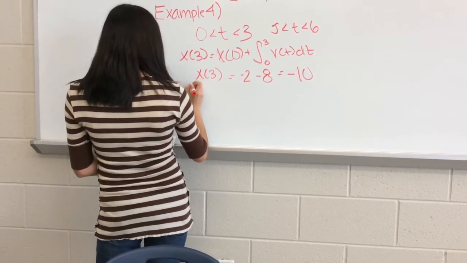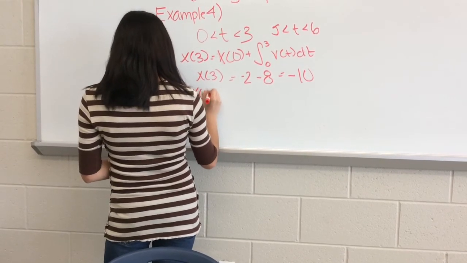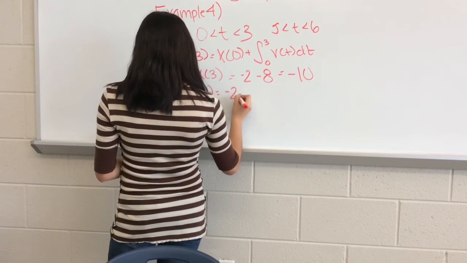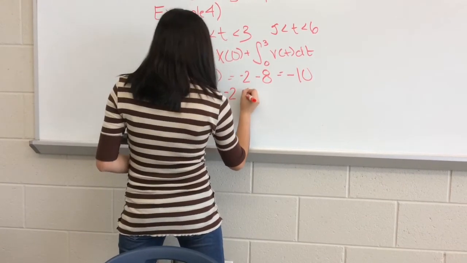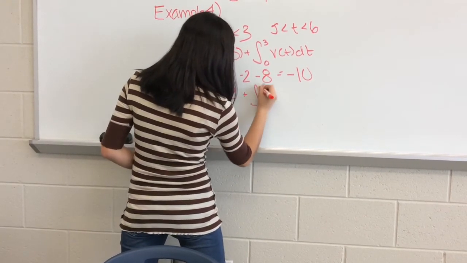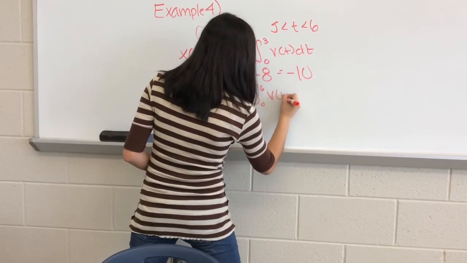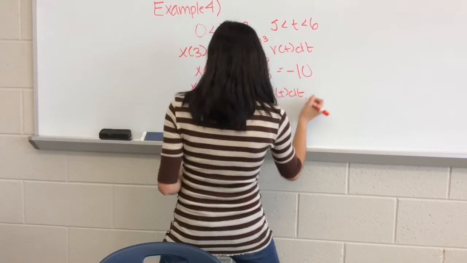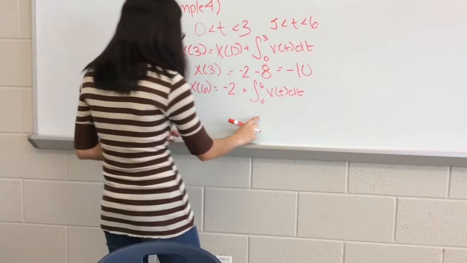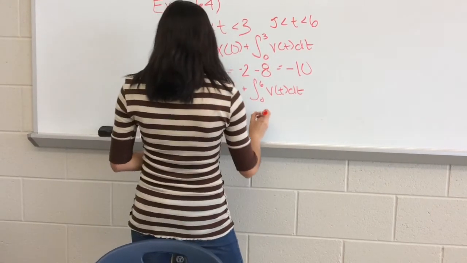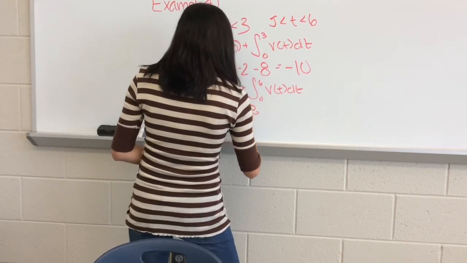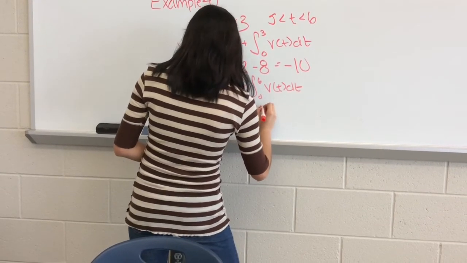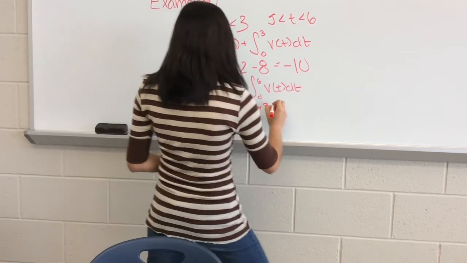So we're going to do the x of 6, and this is the x of 0 again, plus the integral from 0 to 6 of v of t dt. And we know that this, by looking at our graph and the information given, is going to be -2 plus -8 plus 3 minus 2.